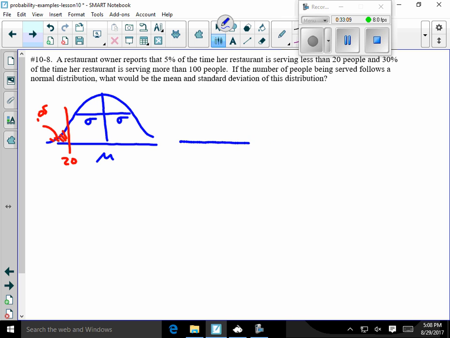Also, we have a second piece of data. We know that for whatever this mean and standard deviation are, 30% of the time we're serving more than 100 people. So that gives me a way to think about that. Unfortunately, I can't directly solve these things because I have an unknown mean and standard deviation.